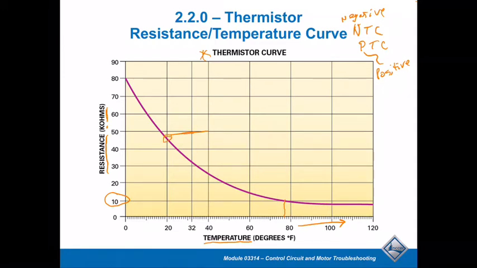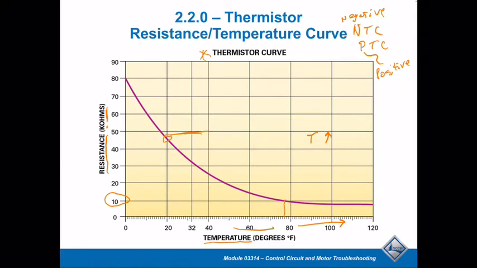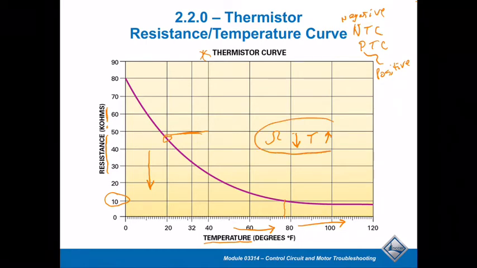As the temperature increased, what happened to the resistance? As you can see, the resistance is dropping down. In this particular case, we would refer to that as a negative temperature coefficient, the NTC.